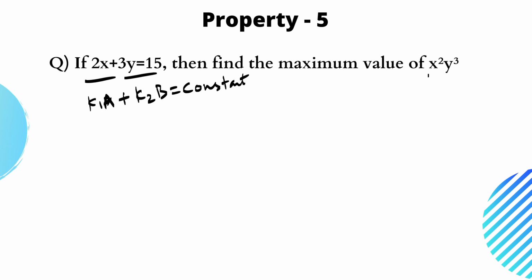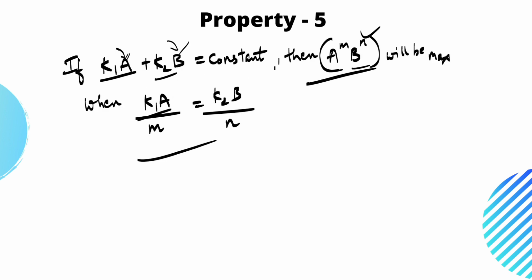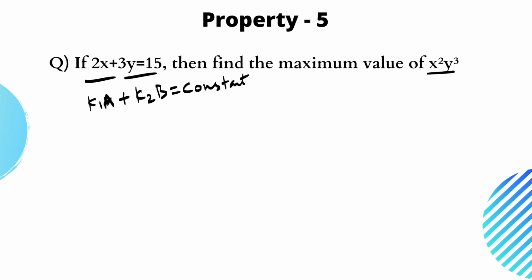And we are asked to find out the maximum value of x square into y cube. So if we observe this property, the maximum value of a power m into b power n is possible when k1a by m is equal to k2b by n.